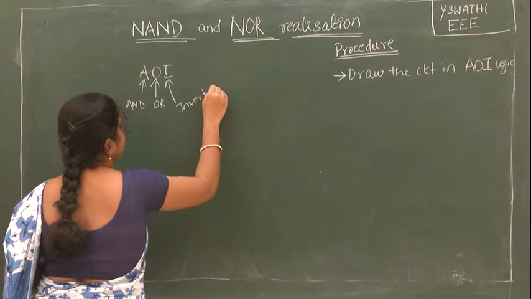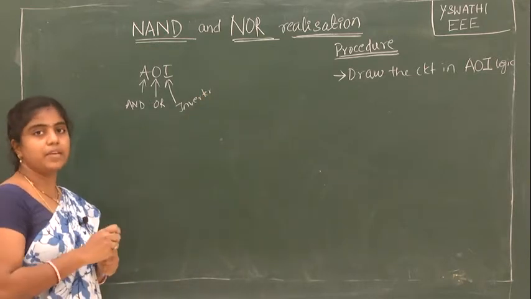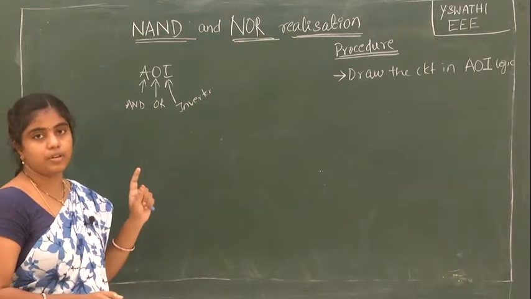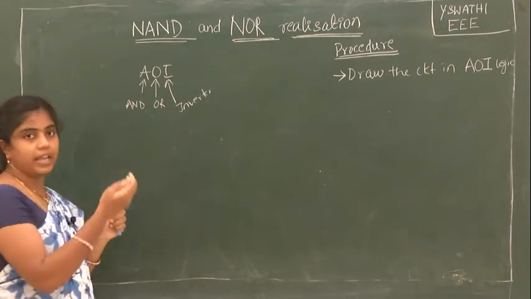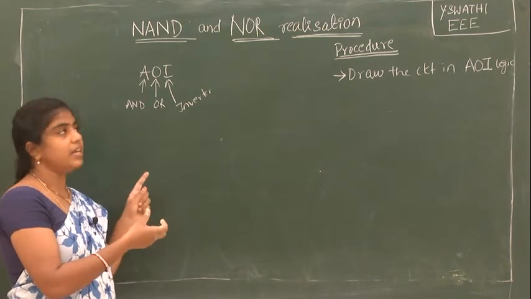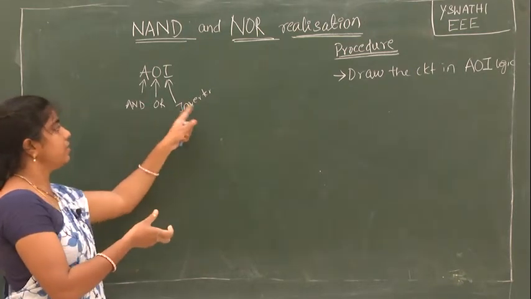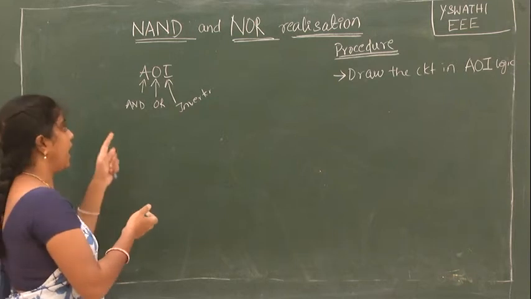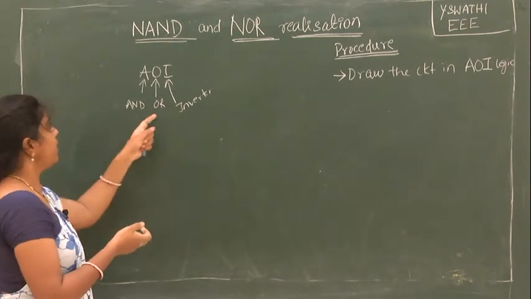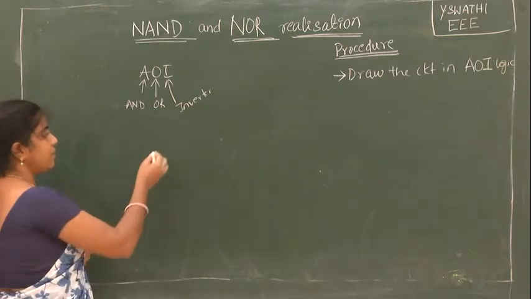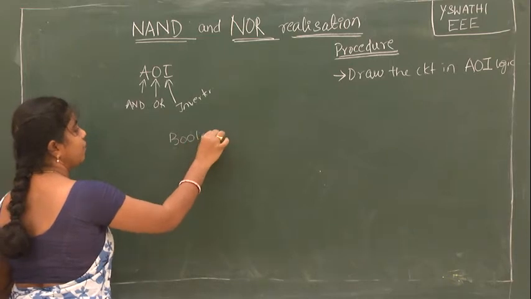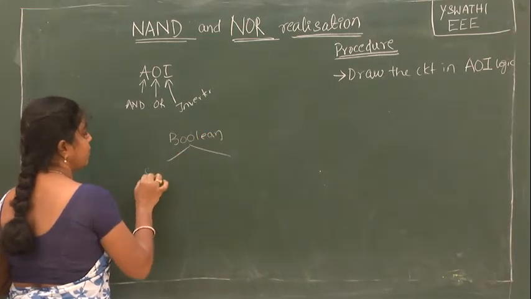I already told that any given expression can be realized with AND, OR and NOT gates only. So if I express any given expression or any gate in the form of AND, OR or NOT gates, then it is called AOI logic. Or otherwise you can say that in Boolean expression it has the form of SOP or POS.